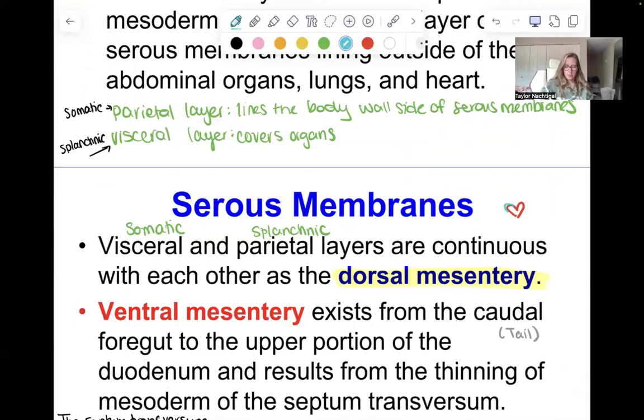You've got layer 1, layer 2. So they are continuous with each other at the back. So this is the back, the front, or the ventral side, dorsal side.